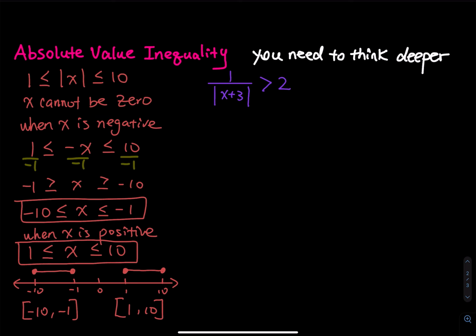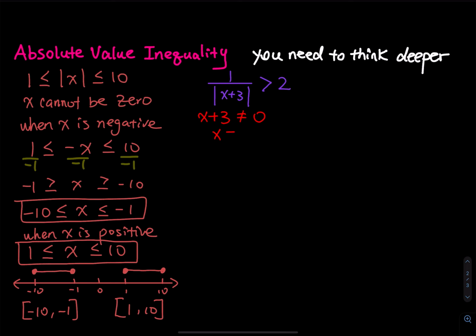This time you have an x in the denominator. Whenever you see this, I need to point out something extremely important. Whenever I see a fraction, especially when there is an x in the denominator, I have to quickly point out that x plus 3 cannot be equal to 0.